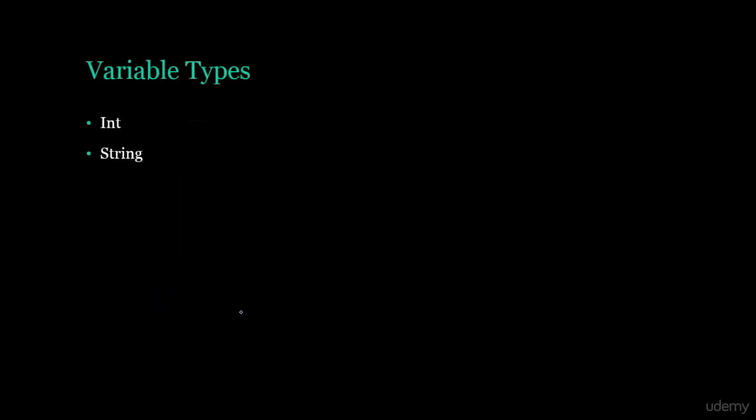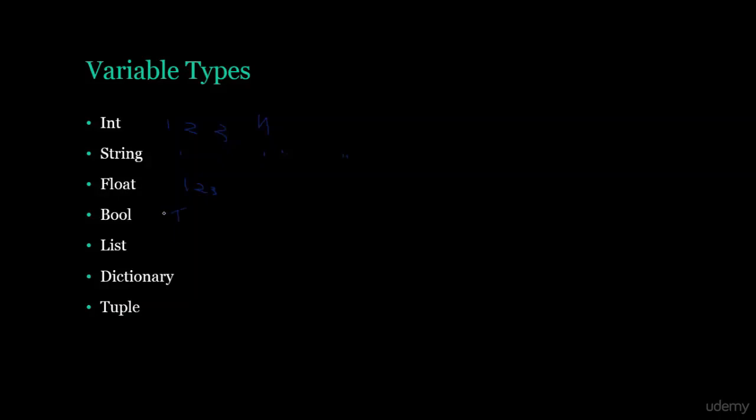Variable types, there is int, string, float, bool, list, tuple, dictionary, and so on. This int is for integer numbers like 1, 2, 3, 4, and so on. String, anything between single quotes or double quotes is called a string. Okay. Float, it is like float numbers.